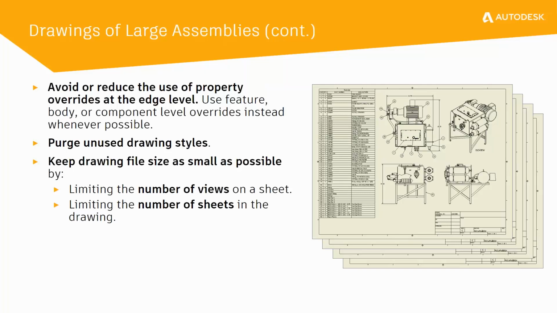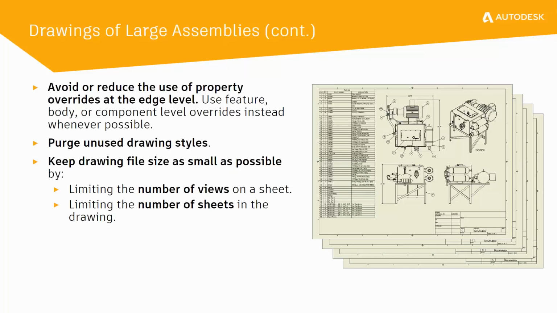A few other bits and pieces that you can do here: avoid or reduce the use of property overrides at the edge level. If you're using drawing styles that are unique for that drawing, you can purge any unused drawing styles. And just general recommendations around drawings is to try and keep your drawing files as small as possible by, one, limiting the number of drawing views that you have on each specific sheet, but two, then limiting the number of sheets that you have for a drawing.